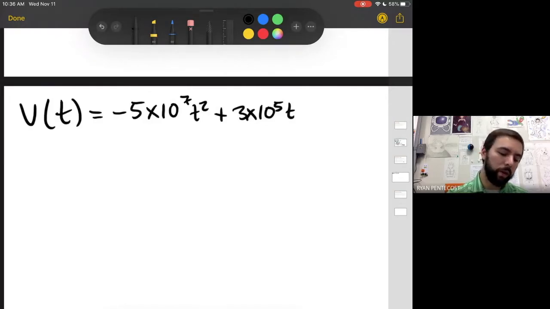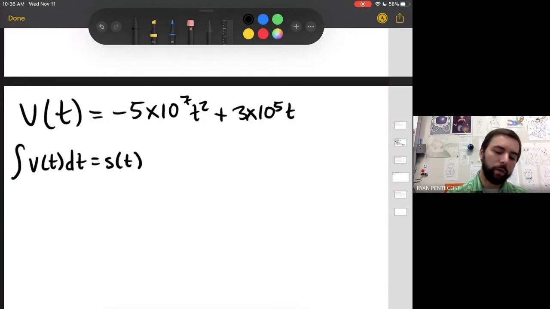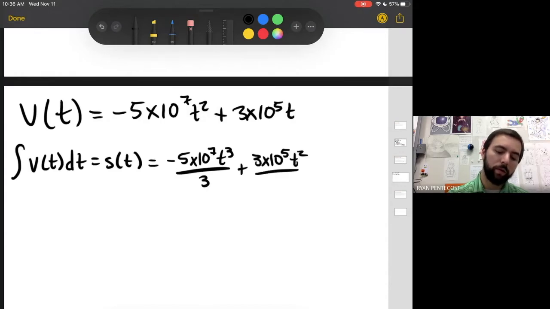So the integral of v of t dt would be s of t. So we would take -5 times 10 to the 7th t cubed over 3 plus 3 times 10 to the 5th t squared over 2 plus c.